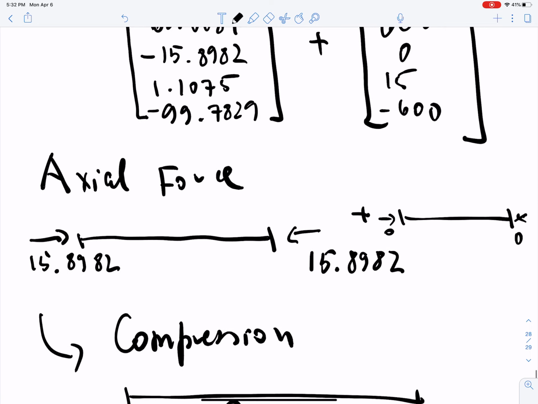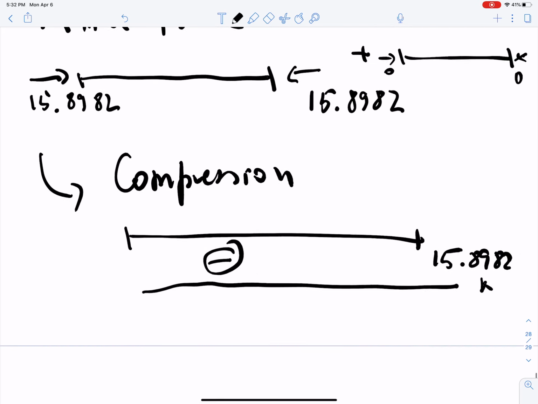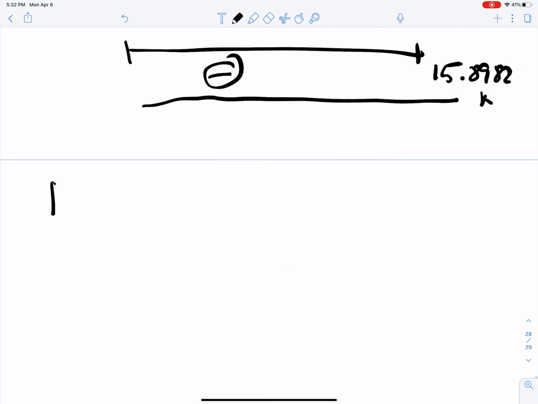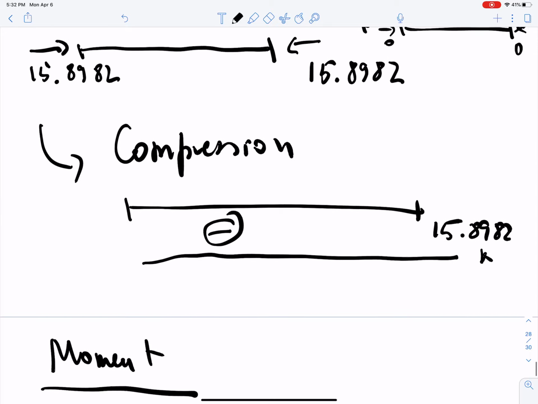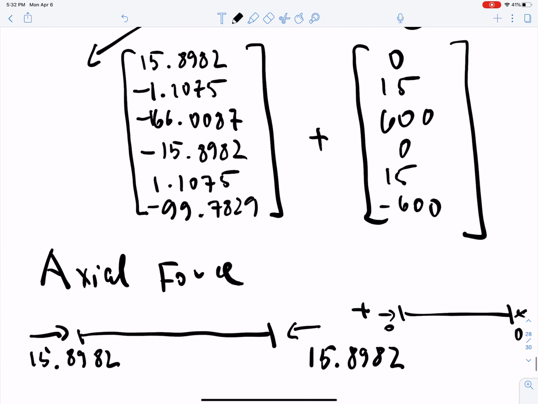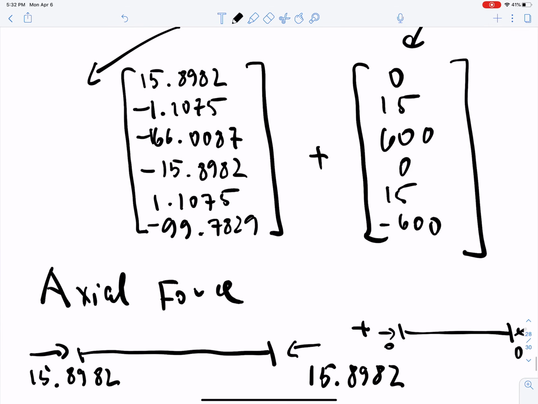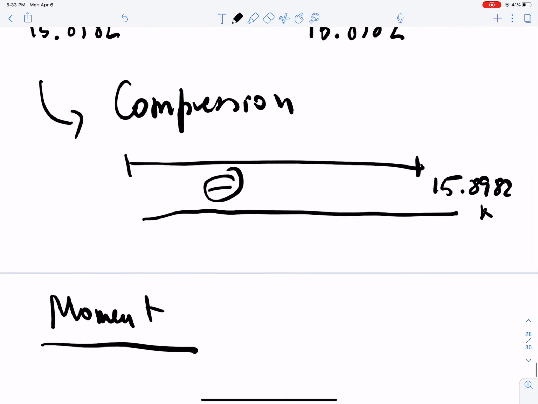Okay, so next, let's look at the moment. So this part is interesting because, again, now you have two contributions. Okay, one coming from the motion of the end nodes, okay, produce for you something like this. And then you have another contribution that's coming from a distributed load. Okay, and so again, here you need to think, right?